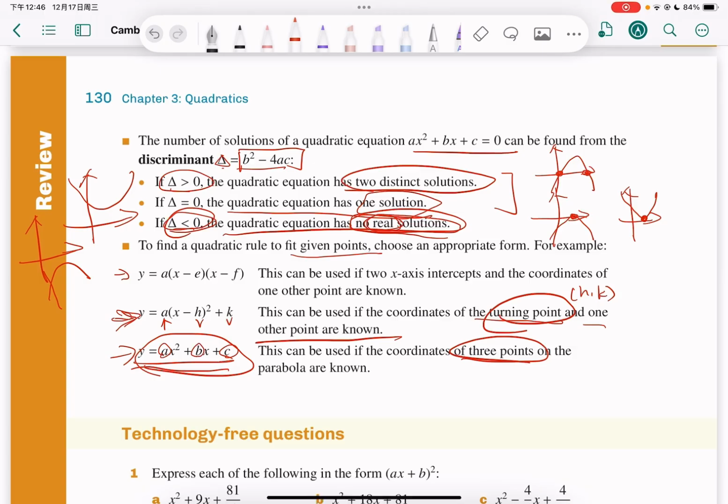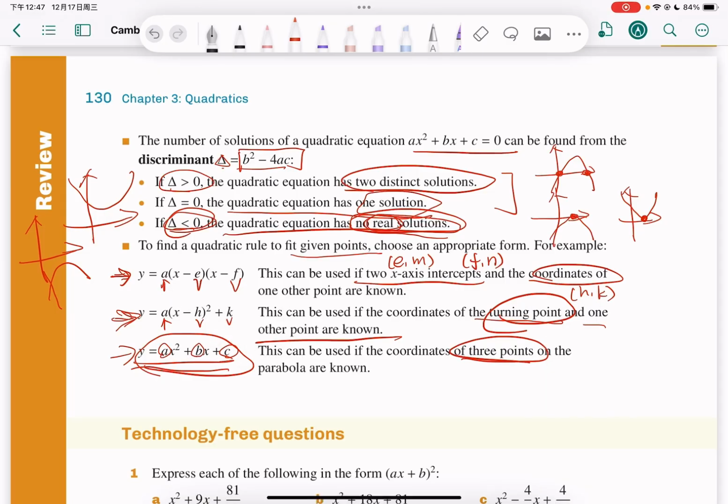And this form is the intercept form. So if the 2 x-axis intercepts are known, for example, (E, 0) and (F, 0), then we know E, we know F, and with another coordinate, we should get the value of a.